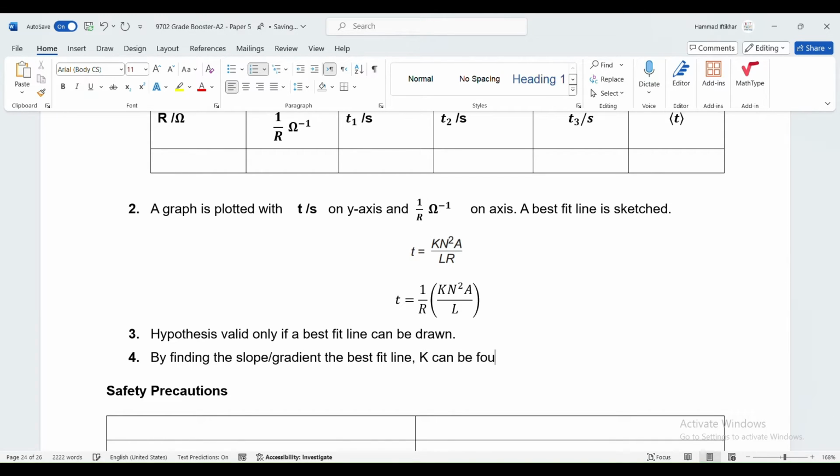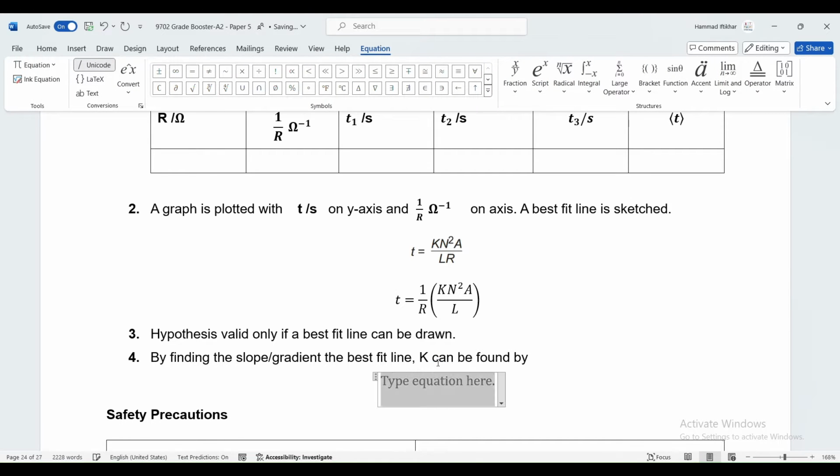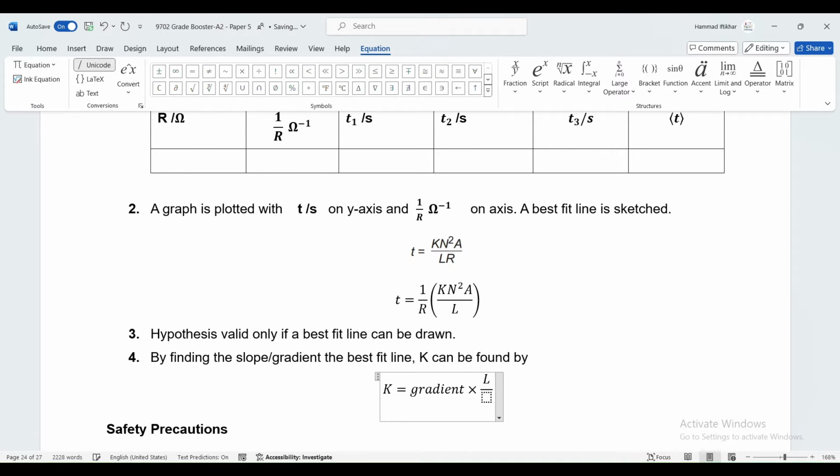K can be found by simply using the formula right here: gradient times L divided by n squared and a.